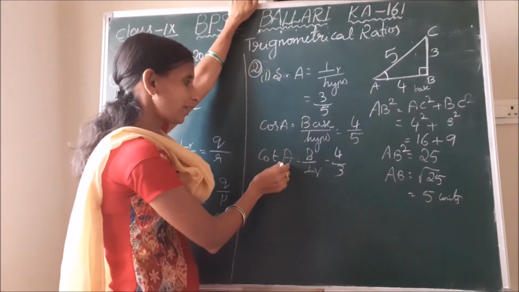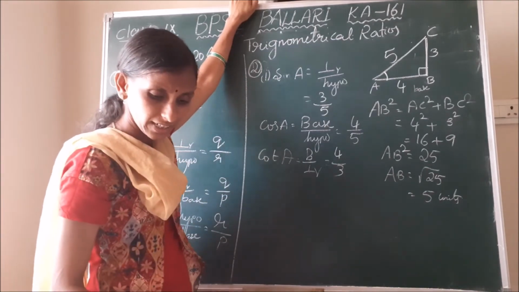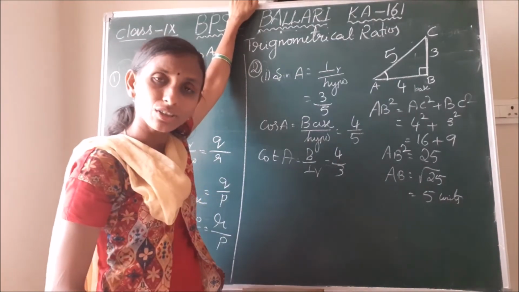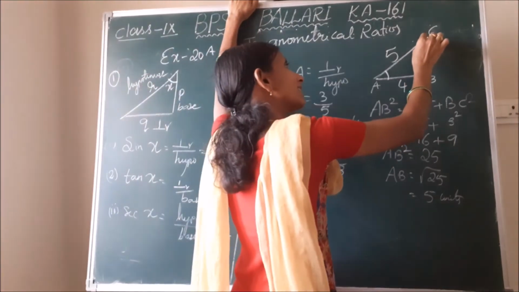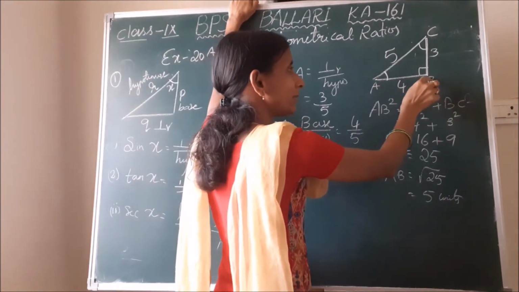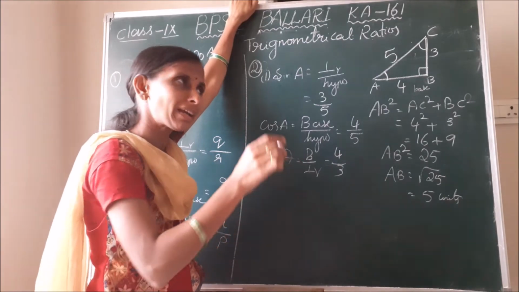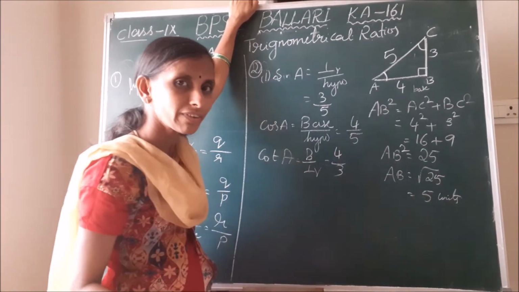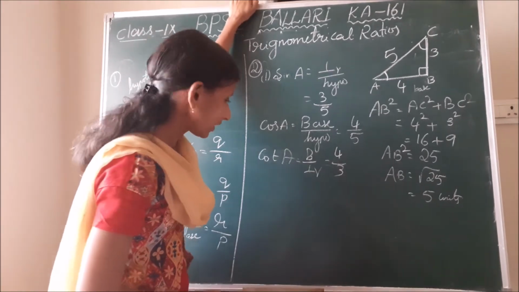This is for the angle at vertex A. In the next three questions, they asked for trigonometrical ratios at angle C. Means you have to take this angle. For this angle, AB will be the perpendicular and BC will be the base. Based on that, we will answer the given questions. You can do that on your own.